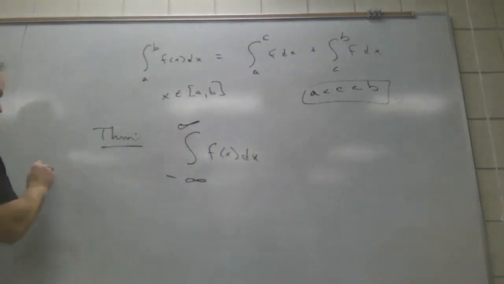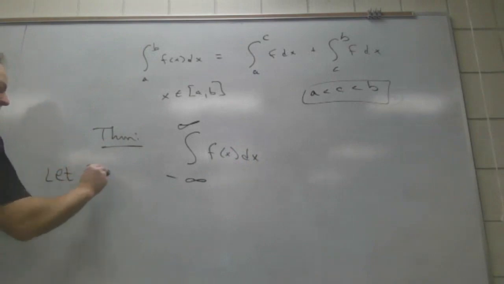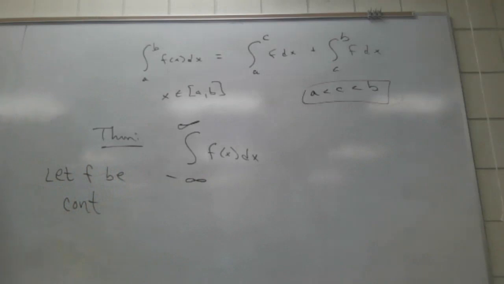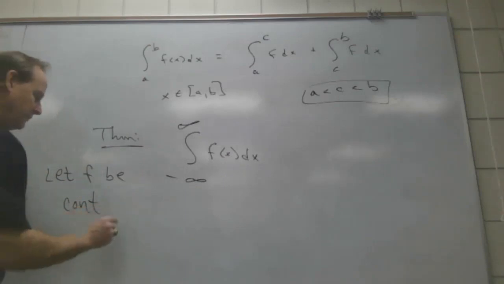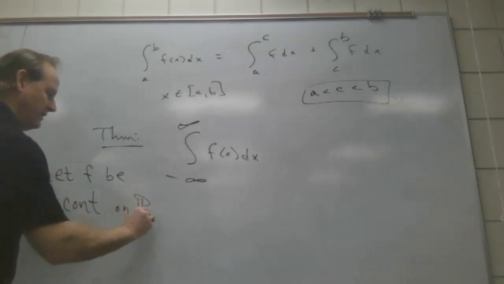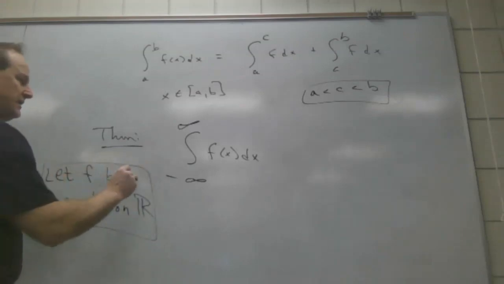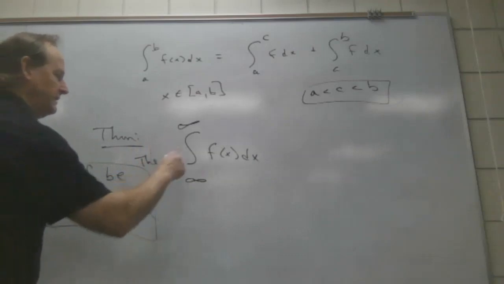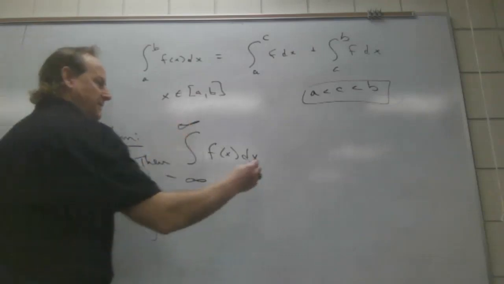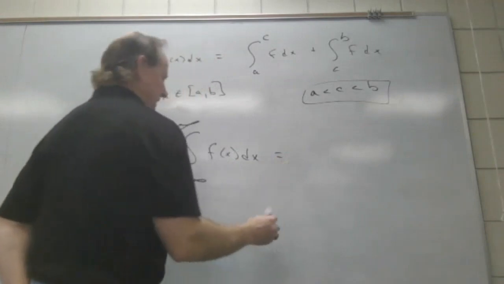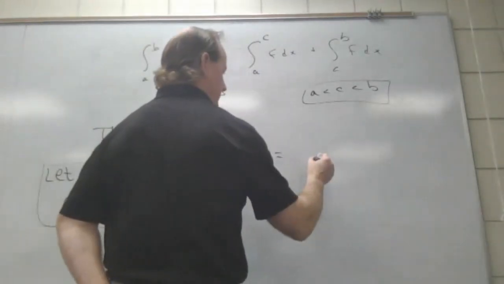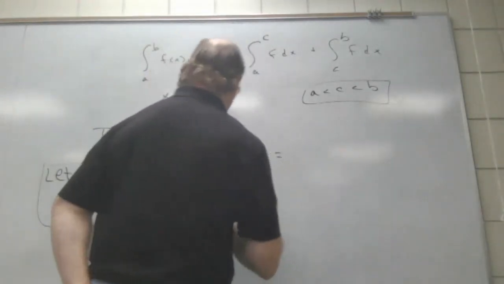So first of all, I need to let f be a continuous function. Where do you think it's got to be continuous? All reals. Continuous everywhere. So on all real numbers. So we need that first. Then we can say the definite integral from negative infinity to infinity of f of x dx equals, what do you think I could do?